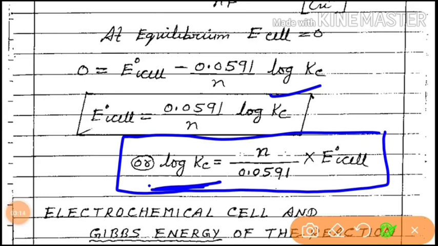So always remember log Kc is equal to N upon 0.0591 into E naught cell.